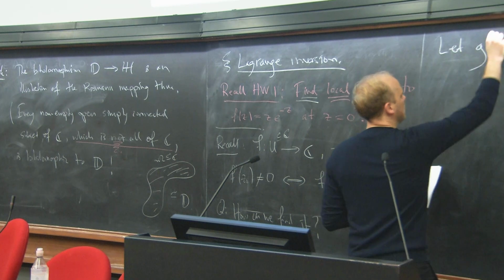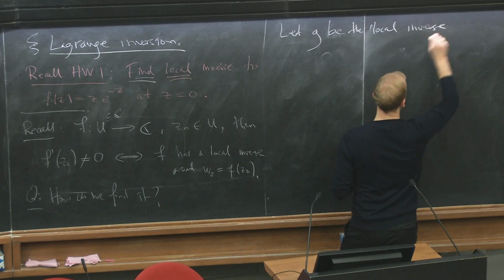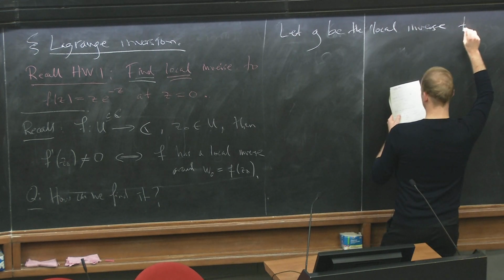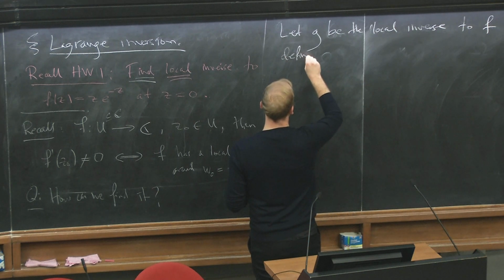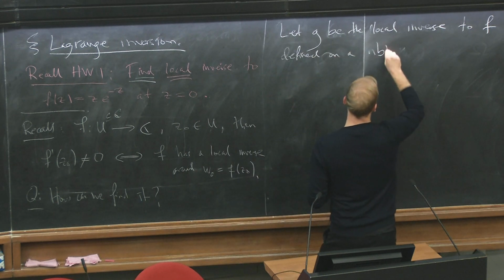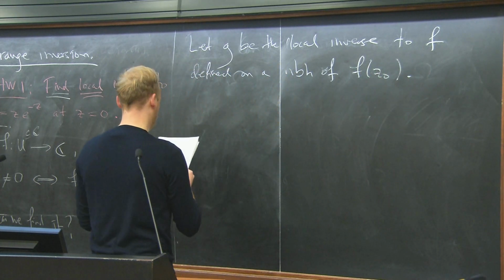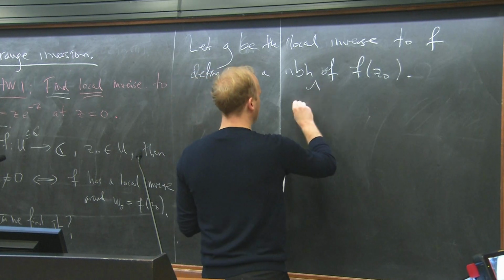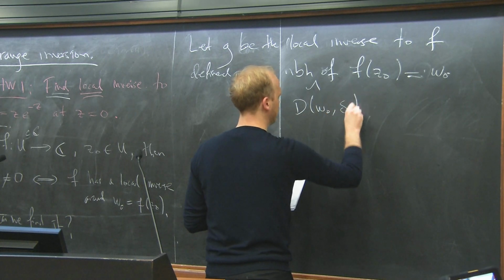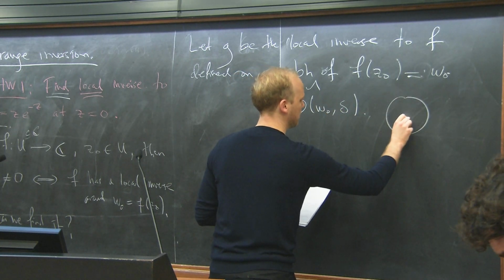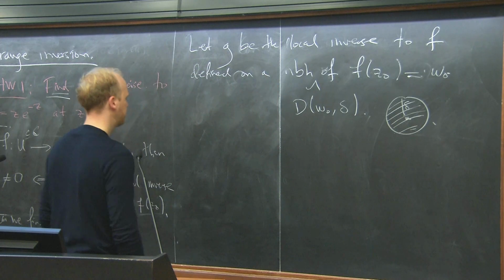To see this, let G be the local inverse to f, which is defined on a neighborhood of f of Z0, this W0. The neighborhood would be a small disk of radius delta around W0.